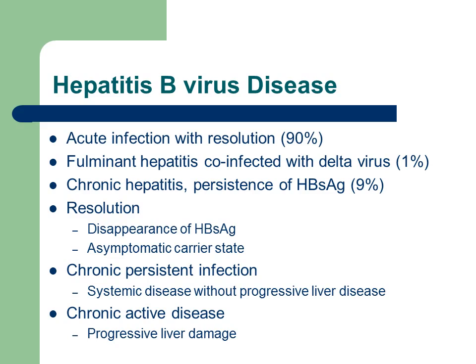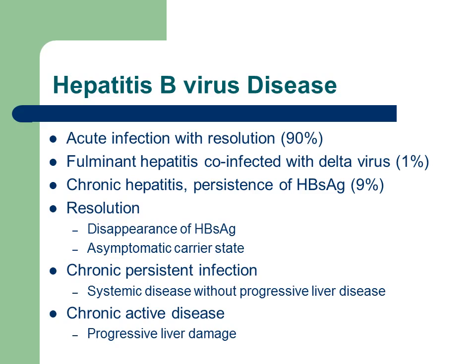Now, 9% of individuals with hepatitis B get a chronic or persistent hepatitis. So you can see resolution where you will not see the hepatitis B surface antigens any longer. Individuals can be asymptomatic carriers of the organism.